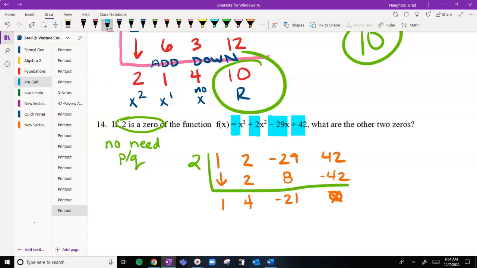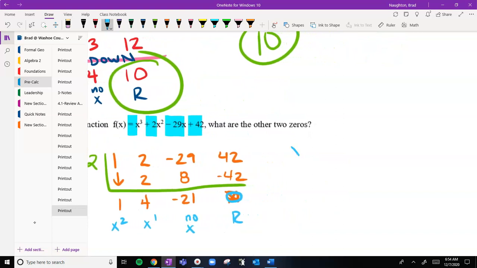Now, you should always have this remainder of 0 if you did things correctly, because that means it goes in evenly. So this is the no x, this is an x to the 1, this is an x squared, so this turns into x squared plus 4x minus 21. Because it's an x squared, we can just factor it. So what numbers multiply to a negative 21 and add to 4?